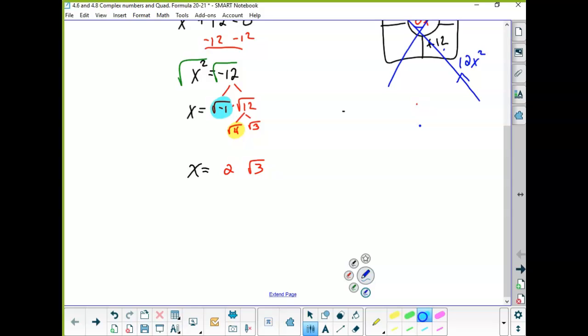So today, anytime you see the square root of negative 1, that is going to turn into i. i stands for imaginary. And we'll talk more about why I put it right in between the 2 and the square root of 3. So if you ever look back on these notes, you'll know exactly where this all came from.